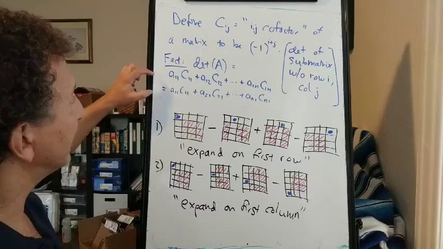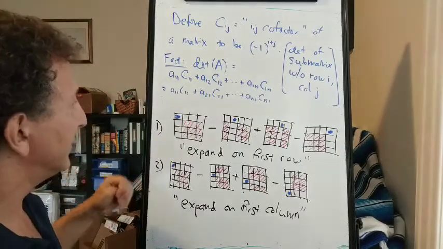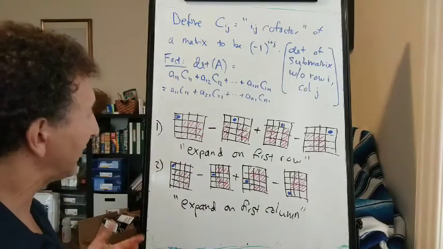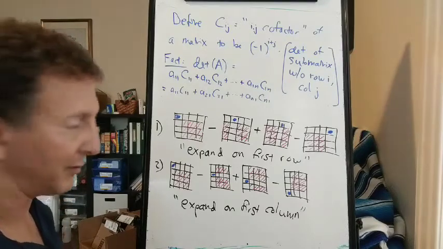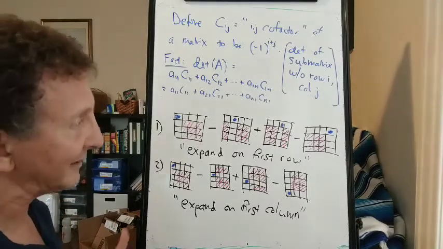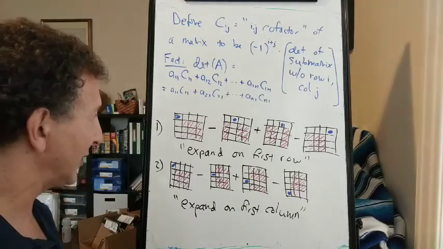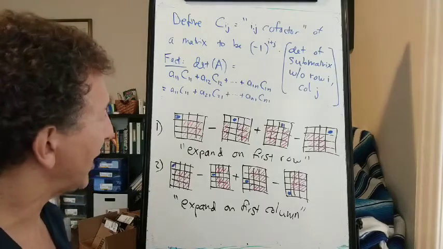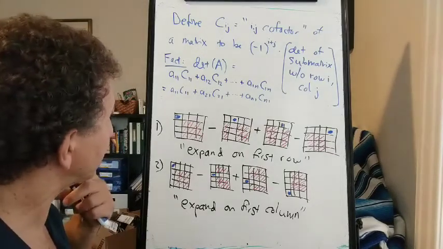So those are the two important formulas for determinants of a matrix, especially if it's large, because the only matrices I can really take the determinants of in my head are the 2 by 2 and 3 by 3 matrices, unless they happen to be upper triangular or lower triangular, or they have a row of zeros or one of the other properties that makes me know that their determinant is something easy.